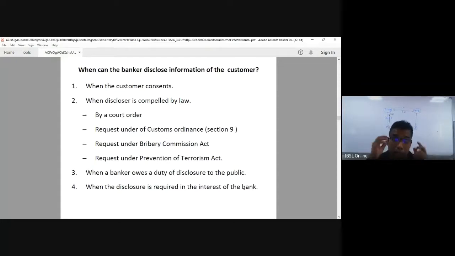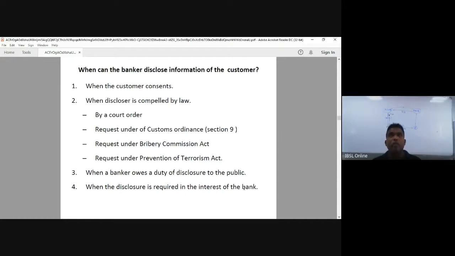next one. When we say the bank should not divulge any information to any third party under the duty of secrecy, the duty of secrecy is not an absolute duty. Absolute duty means that under any circumstances the bank cannot divulge information. It is not the case.